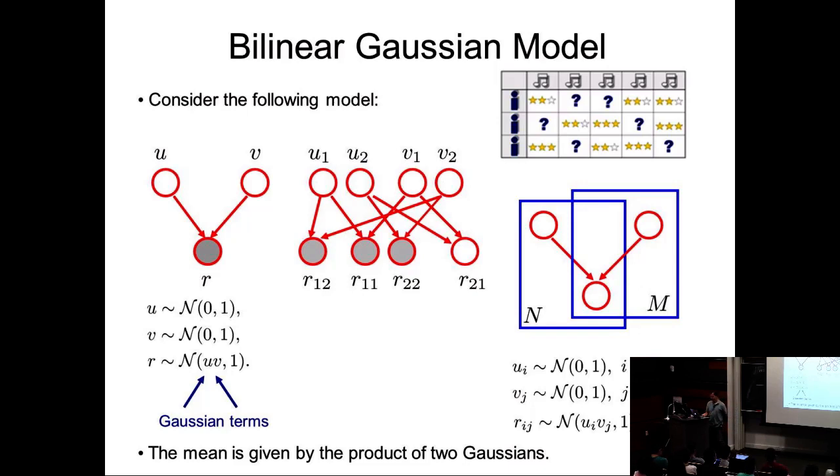And this is what the bilinear model would look like. For each user, you draw from a Gaussian. For each item, you draw from a Gaussian. And then you're modeling your rating patterns as a dot product between user preferences and item preferences. This is known as a basic instance of matrix factorization, or probabilistic matrix factorization model.